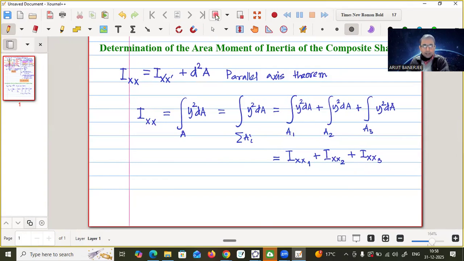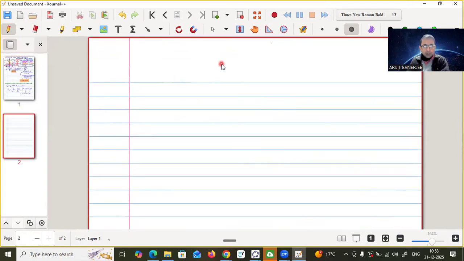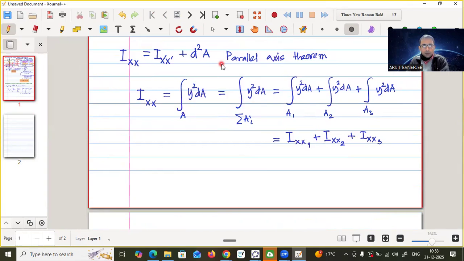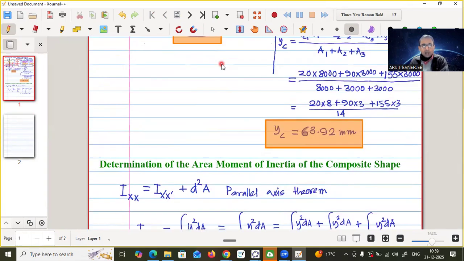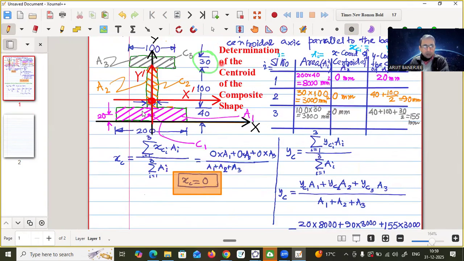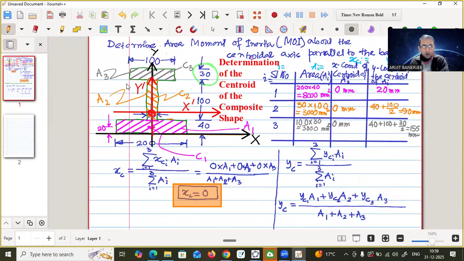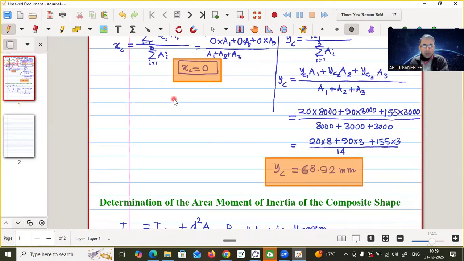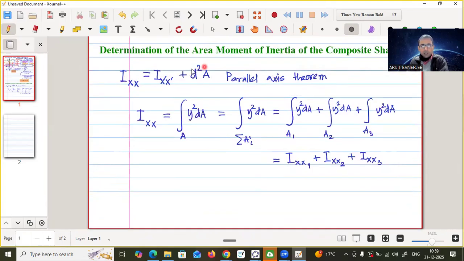Next, we will now calculate individually. So what is the target? The target is to determine the moment of inertia of all objects about this axis. So what will we do? We will calculate the moment of inertia about their centroidal axis, and then add this part for the individual objects.